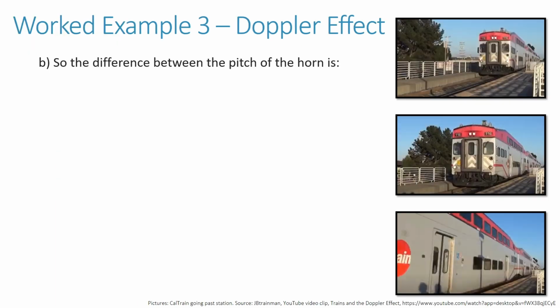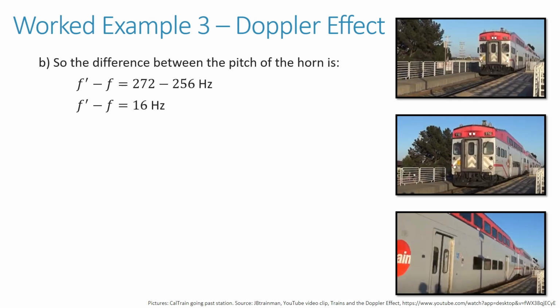train approaches. So we find out the apparent pitch of the sound as the train is moving away. First of all, the difference between the pitch of the horn and what we hear as it's approaching is 272 minus 256 Hertz, which is 16 Hertz.